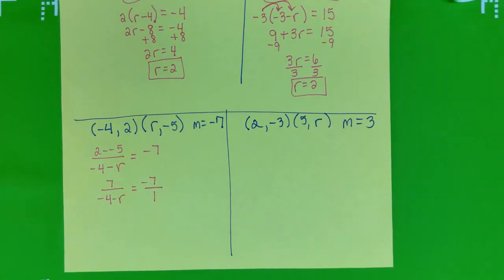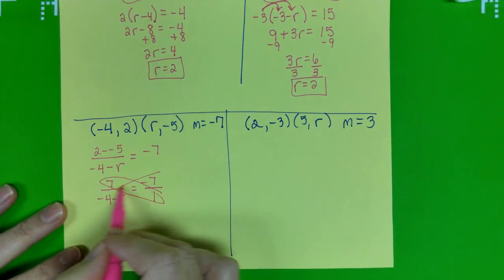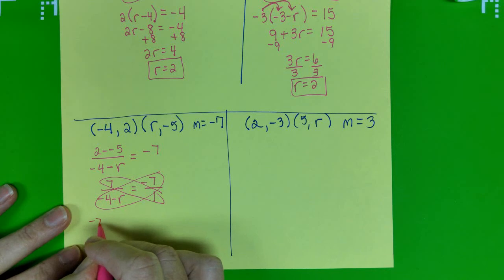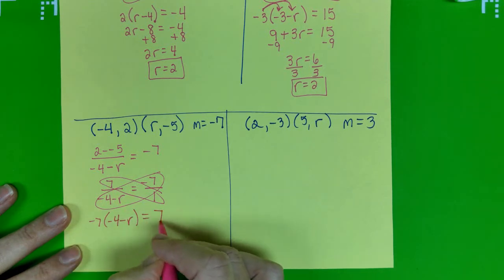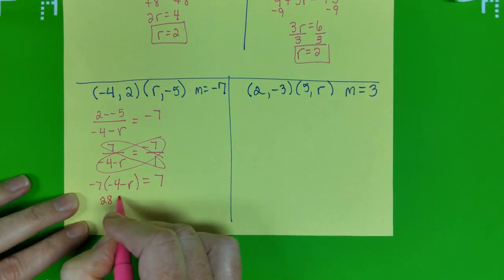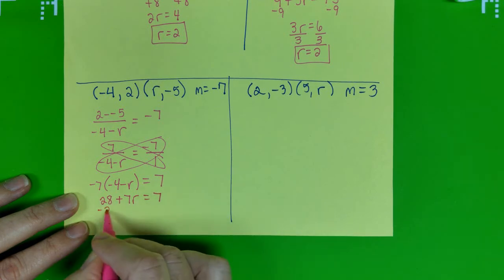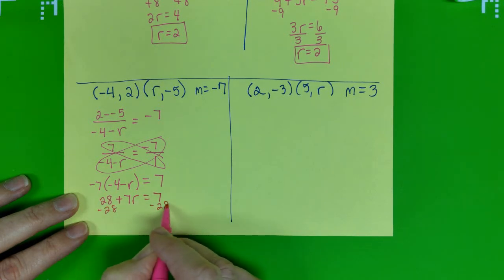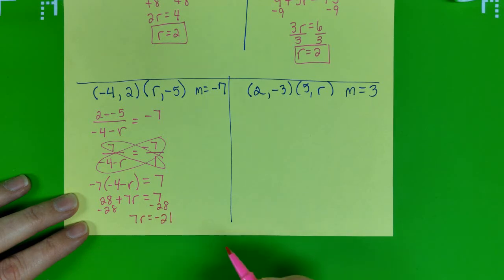You don't have to, but that might be helpful. Again, we're going to cross multiply. -7 times (-4 minus R) equals 7. And so this is going to be 28 plus 7R equals 7. Subtract 28, we get 7R equals -21.